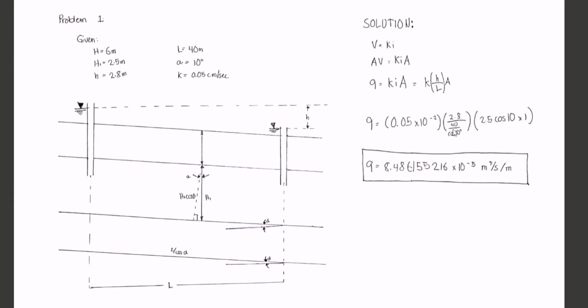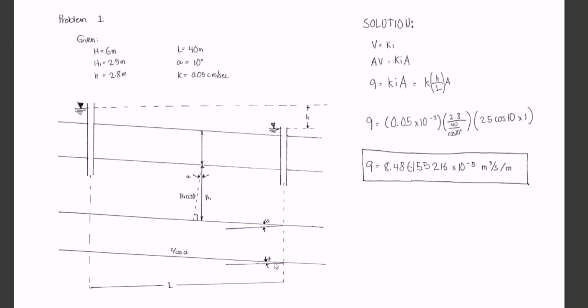Tsaka L. So, ang L natin dito, ito yung length ng soil sample natin. So, since L lang ang given dito, which is in horizontal, tapos yung length ng soil sample natin ay hindi siya horizontal, naka-incline. So, gagamitan lang natin to ng basic trigonometry.